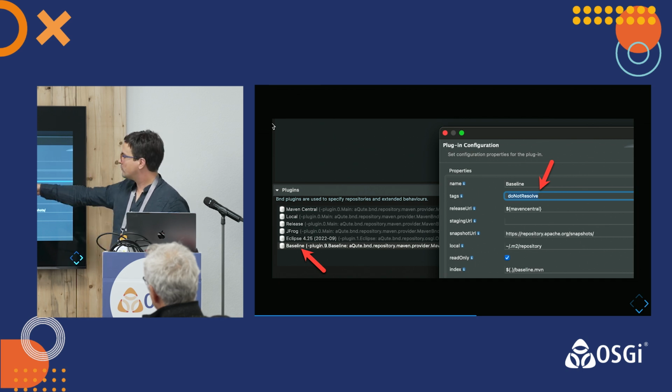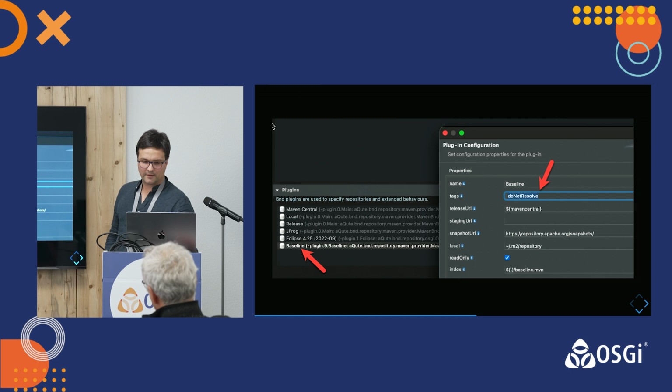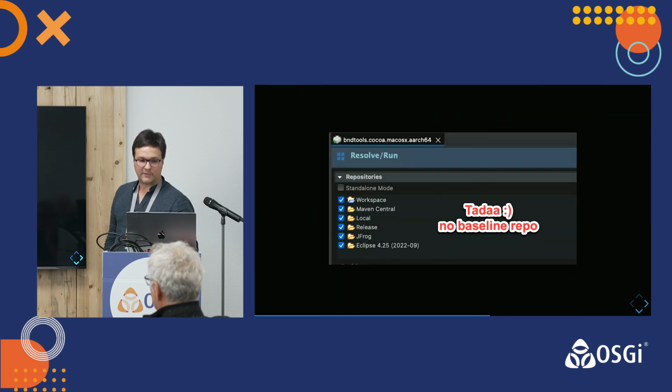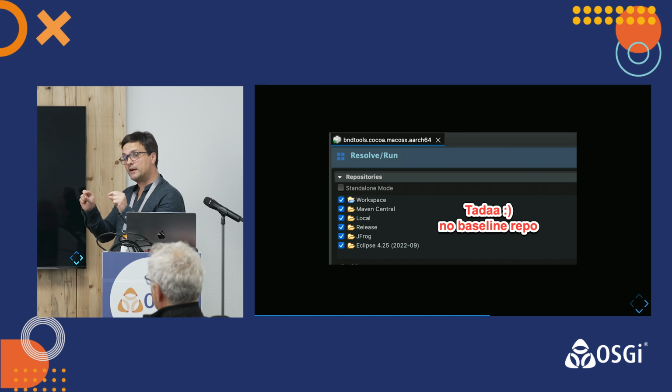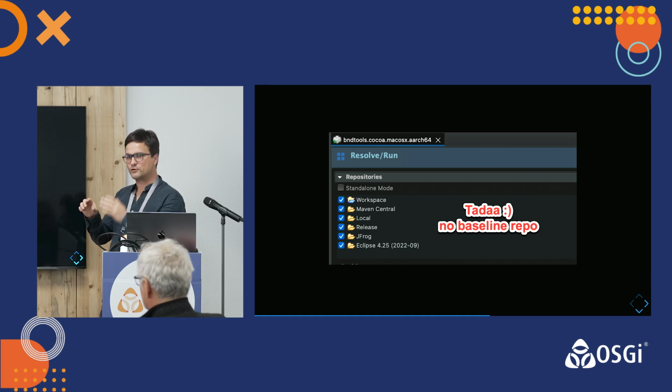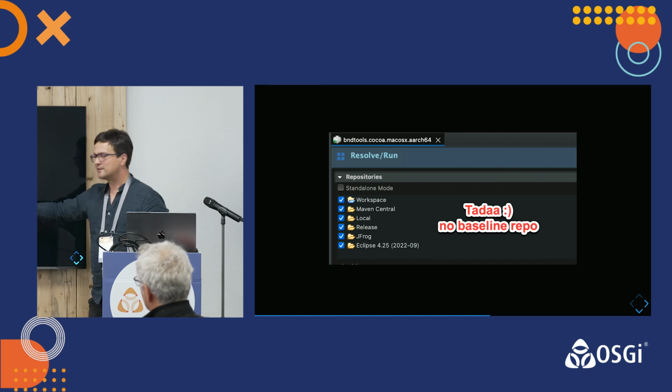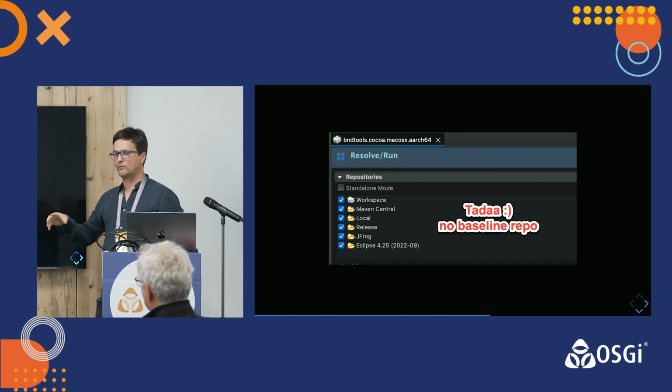Then you write your tag here. You can also do it in the source. It's another property called tags. Then if your bndrun file does not specify the runrepos, so you should just remove the runrepos from the bndrun, and then you should see a list like this without the baseline repo or whatever repo.